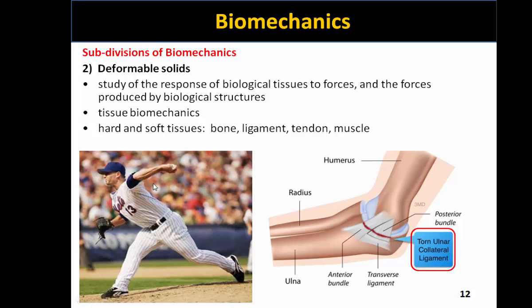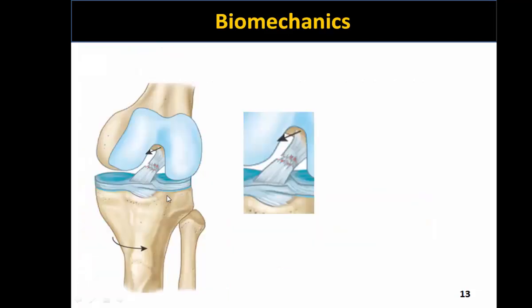Focusing on the anatomy of the medial elbow, the ligament that provides stability to it is the ulnar collateral ligament. In this illustration, we see an ulnar collateral ligament that is torn, but for a ligament to lose its function, it does not necessarily have to tear. If it stretches beyond its usable length, it will no longer provide the stability to the elbow that is necessary to carry out this task.